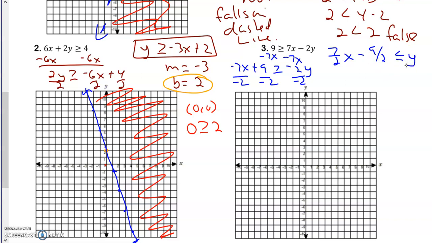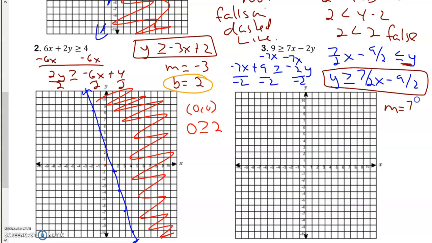Now for graphing purposes, I like to have my y on the left side, so I'm going to rewrite it, still making sure that it's the same sign. Now you notice that the opening was to the y, the opening is going to the y here. So I know I did it correctly.